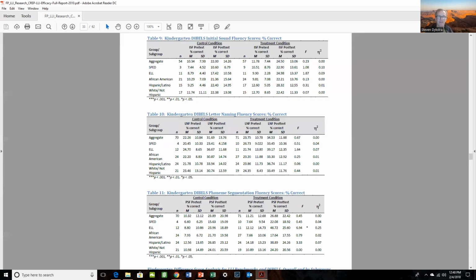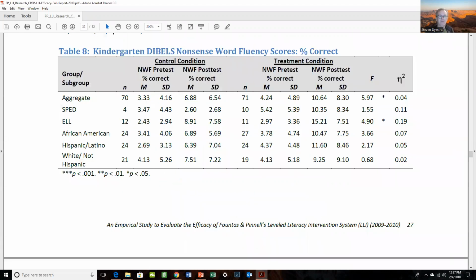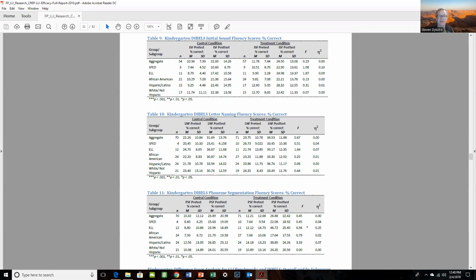So this is the kindergarten DIBELS. Here's some more kindergarten results. See a lot of asterisks on this page? This is nonsense word fluency, but there's other things here. They didn't tell you about that before. They also did initial sound fluency. Look at that. See any asterisks? I don't.